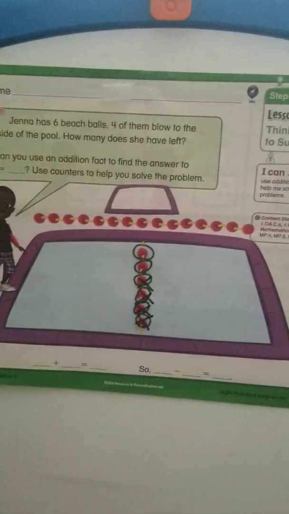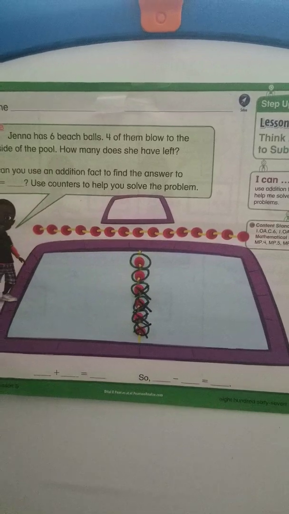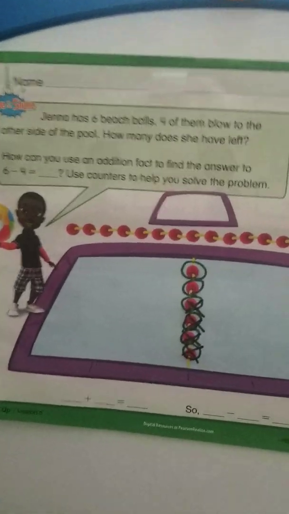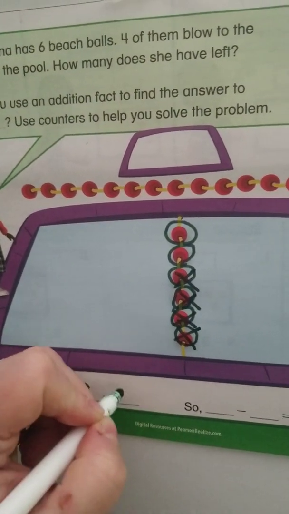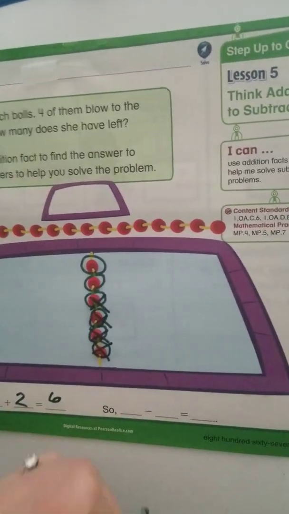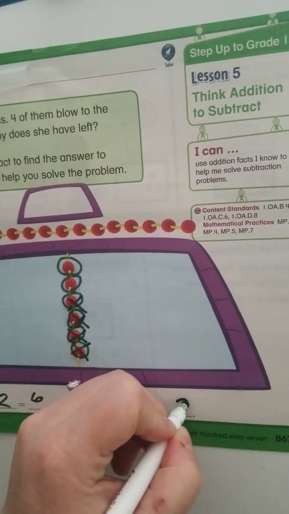There are 2 left, right? 4 plus 2 equals 6. So when you write the addition problem, 4 plus 2 equals 6, then 6 minus 4 equals 2.